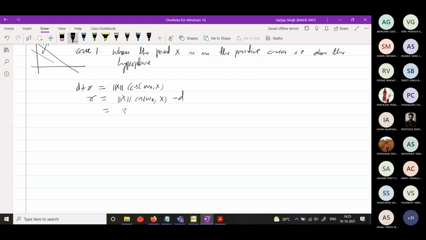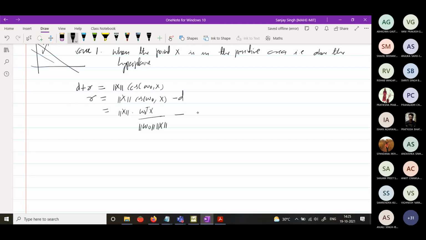So this x is there, and for cos we know that we can find it now. So that will be w naught transpose x, and in the denominator it is nothing but the norm of w naught, right? Minus d.